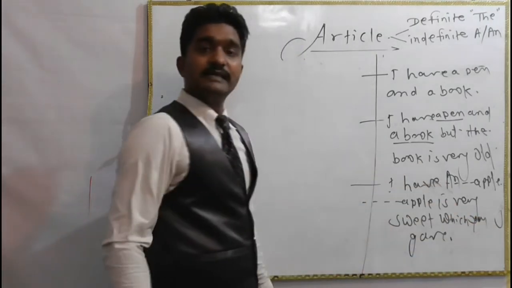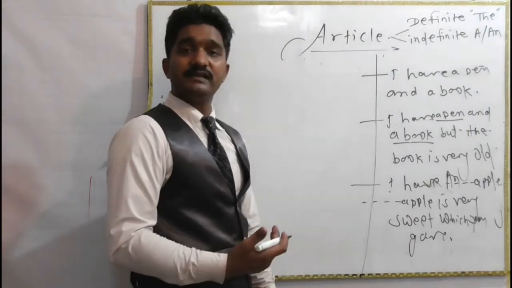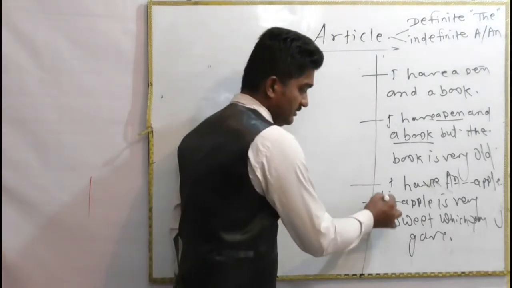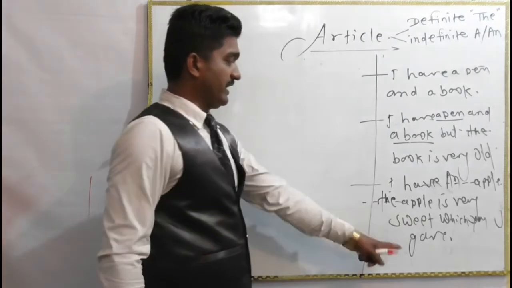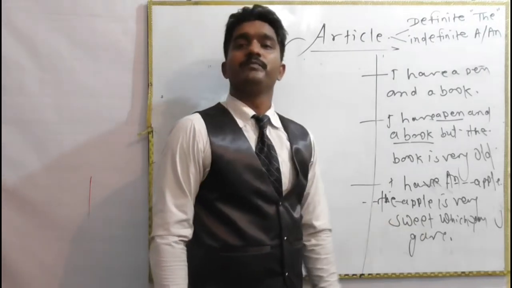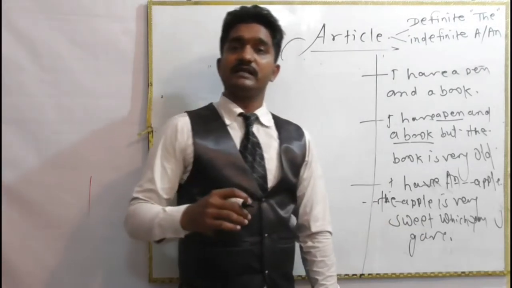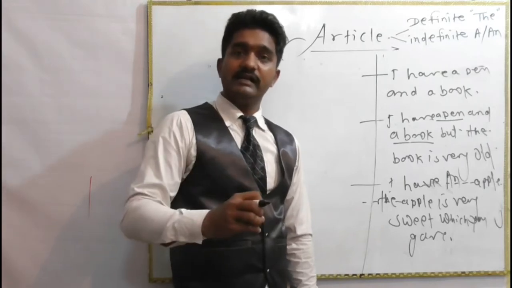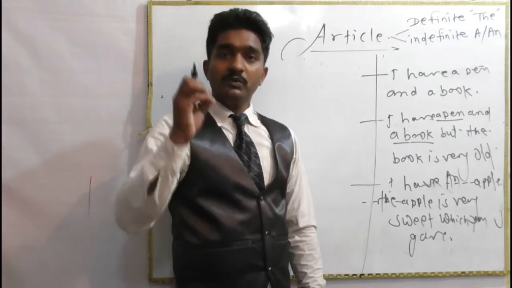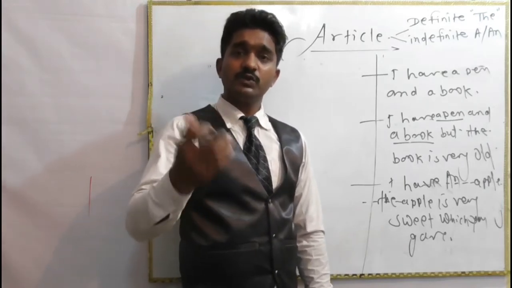In this, that apple is special. So here the apple is very sweet which you gave. So friend, if you want to study better the use of a article, an article, then most of the time you should practice and you should know the sound.